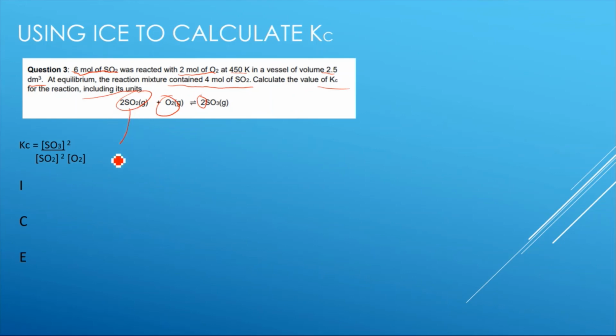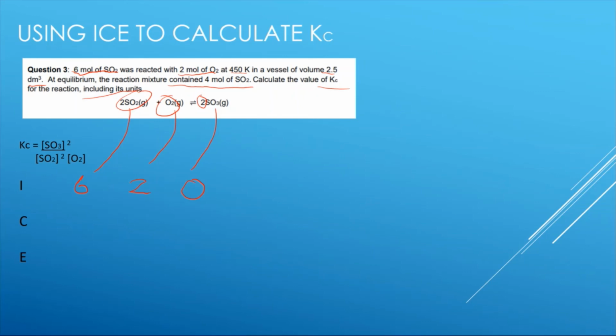So starting from reactants to products, for SO2, I can say that initially we have 6 moles. And we know that it's reacted with 2 moles of O2, so we can write 2 moles of O2. And any product starting off would have no moles, unless it's been stated in the question that it has 2 moles or whatever. We can assume that it will have 0 moles.